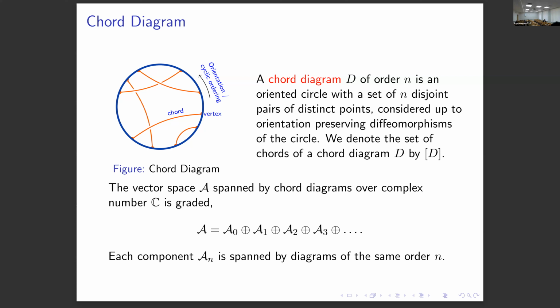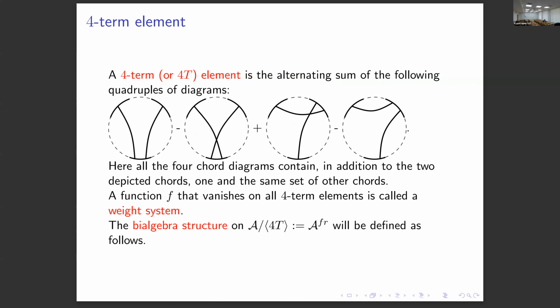The vector space A is spanned by the chord diagrams over the complex numbers. A is graded. Each component An is spanned by the chord diagrams of the same order n, which means chord diagrams with n chords. Next is the Fortune element in the chord diagram space.